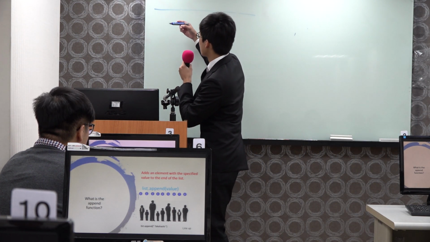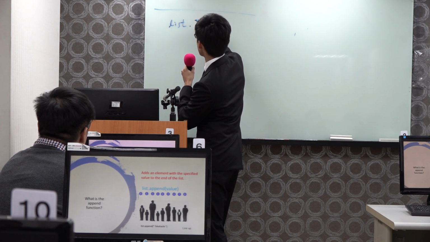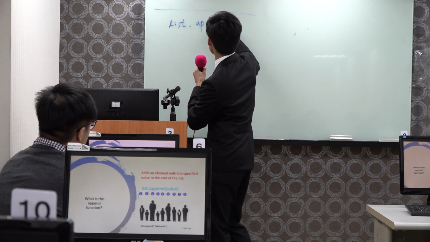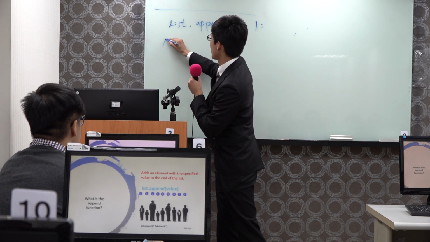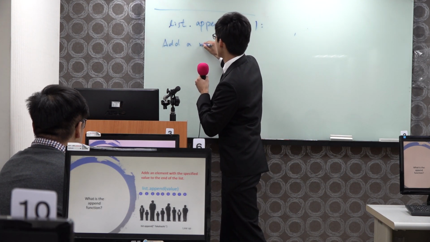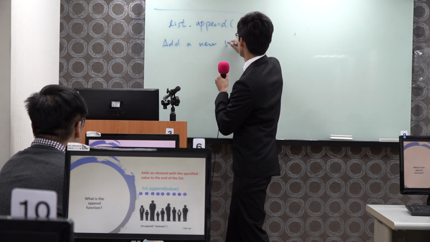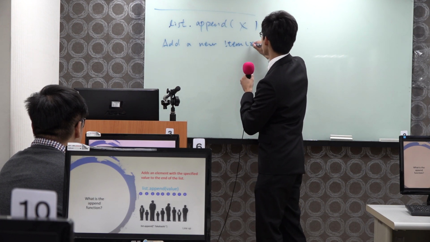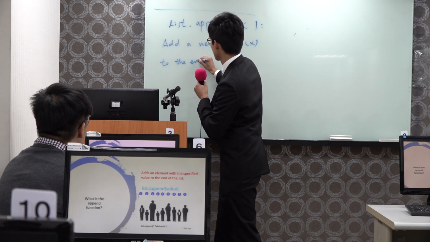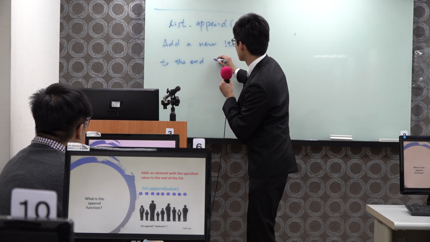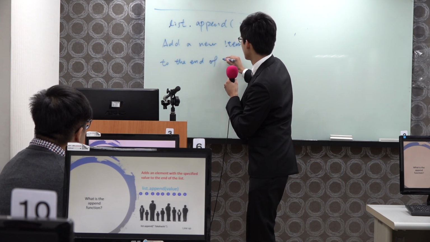The function list.append(x) means add a new item x to the end of the list. To add a new item x to the end of the list.